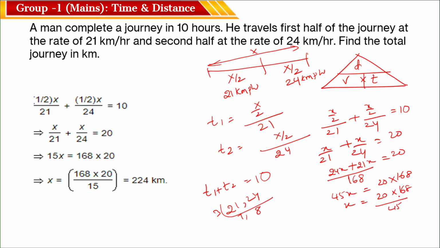Clear? Okay. So now this is very important. We have to simplify this one: 5 4s, 5 9s, correct? Okay.